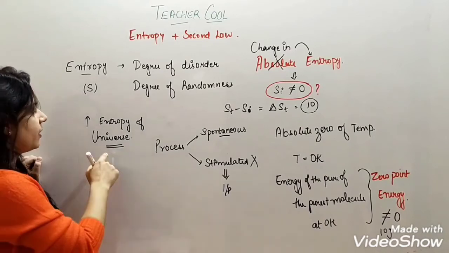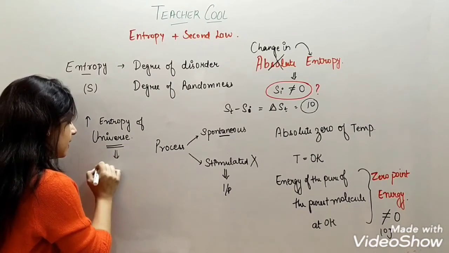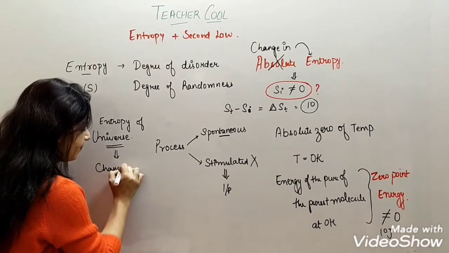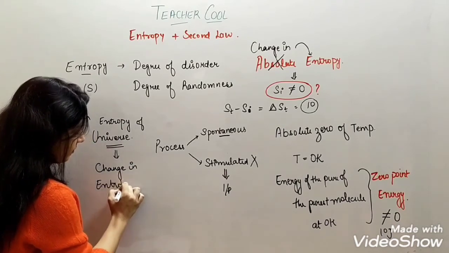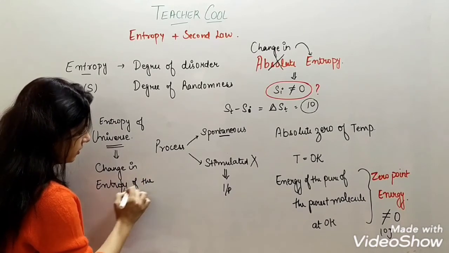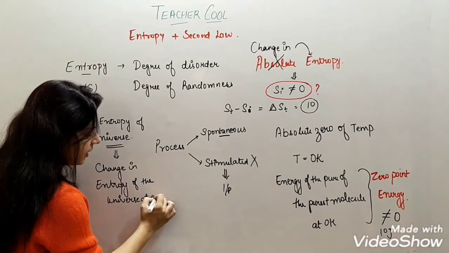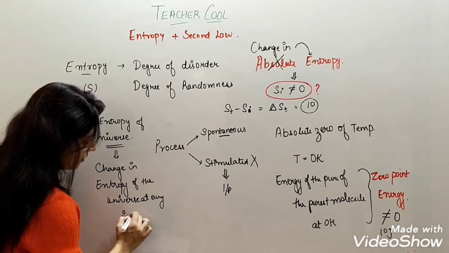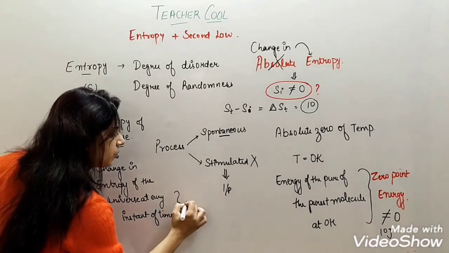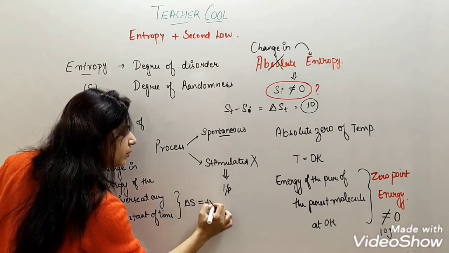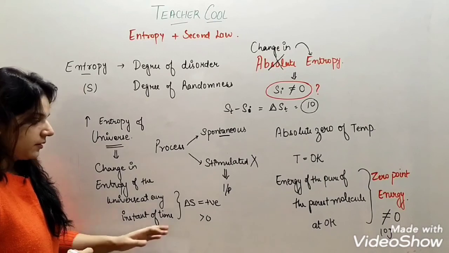That means whenever it is talking about the increase in entropy of the universe, it means that the change in entropy of the universe at any instant of time, which is equal to delta S, is always positive, or it is always greater than 0, right?